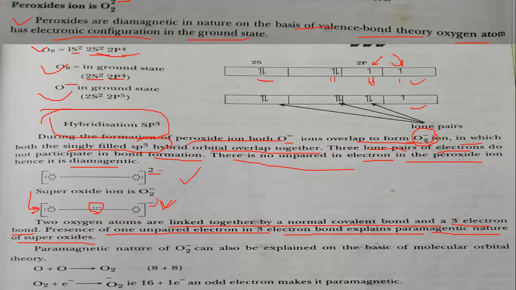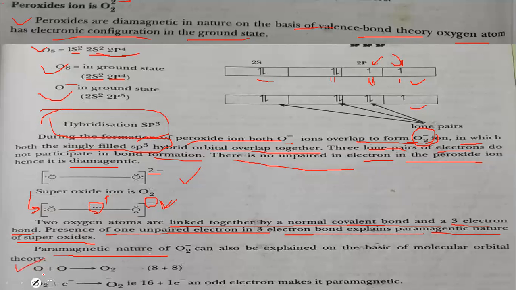So why does it show paramagnetic nature? It has 1 unpaired electron, and that is the reason in the magnetic field it shows the effect of the magnetic field. So it is paramagnetic in nature.